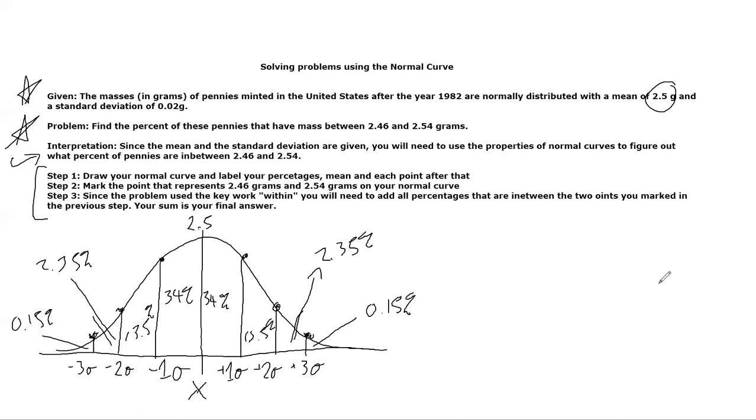Each one of those dots needs a value, and we're going to start with the only value we know. The mean is 2.5. That's why it's in the center. And the standard deviation is 0.02.